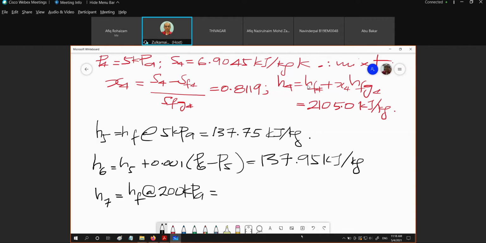It is equal to 504.71 kilojoule per kilogram.